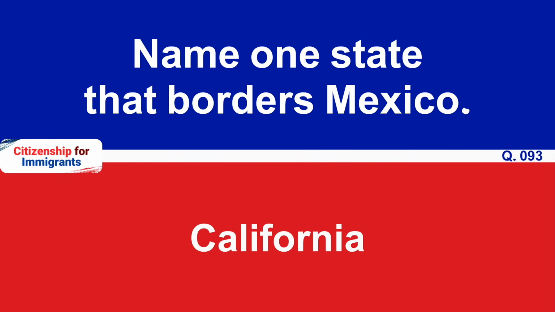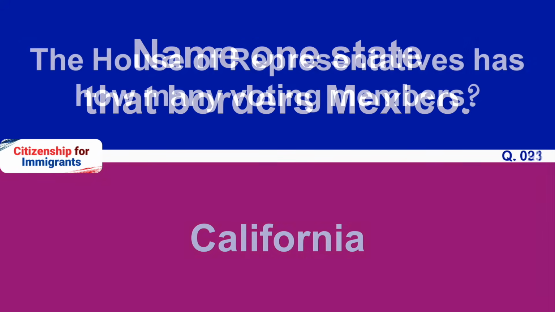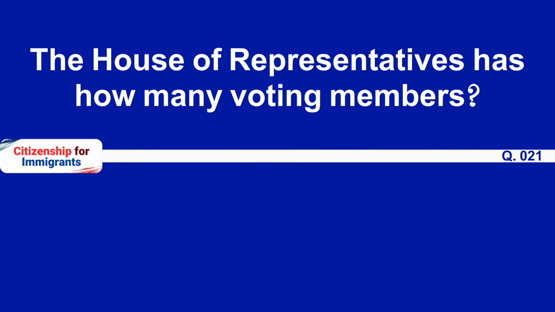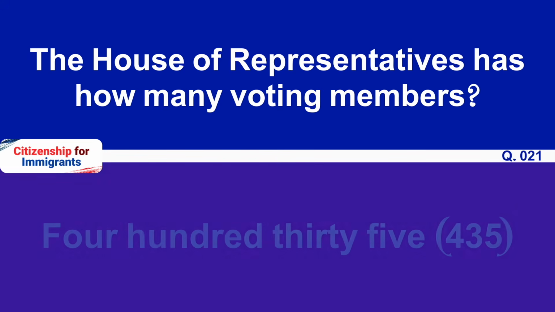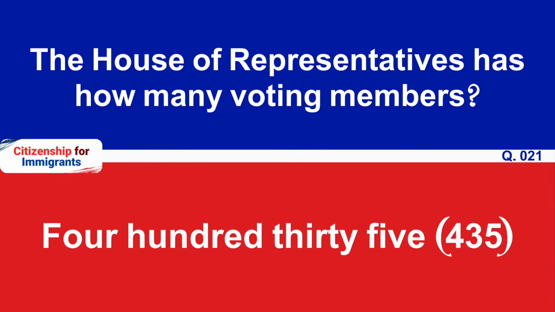California. The House of Representatives has how many voting members? 435.